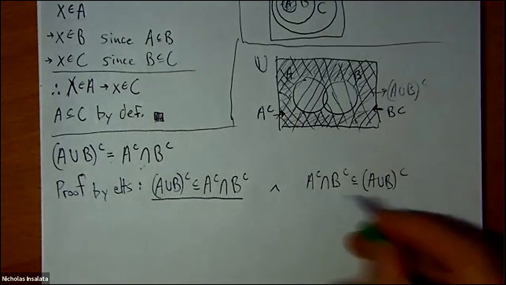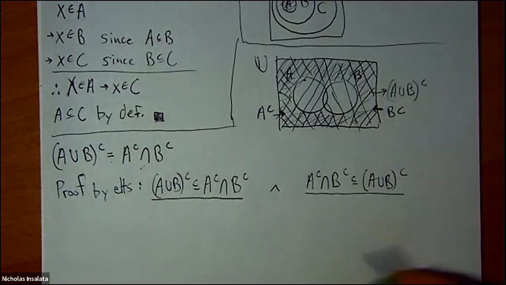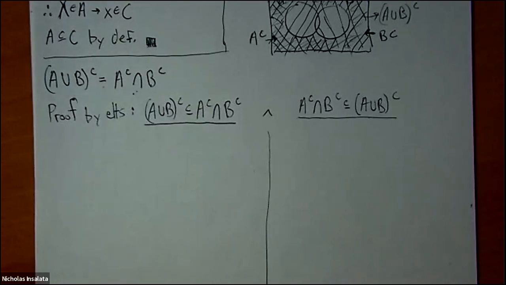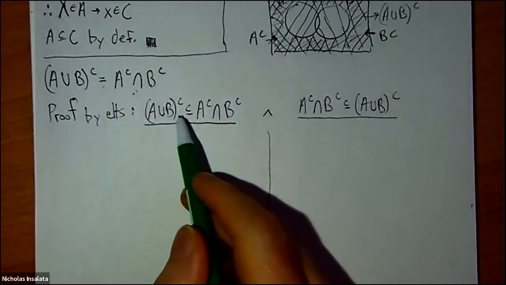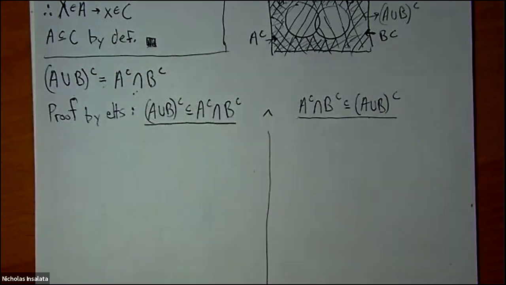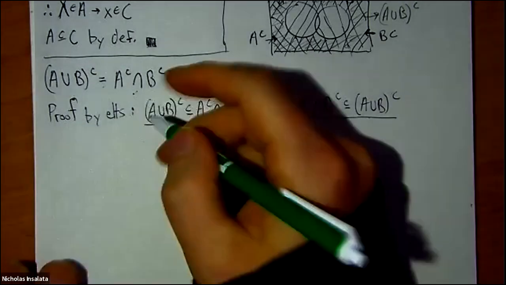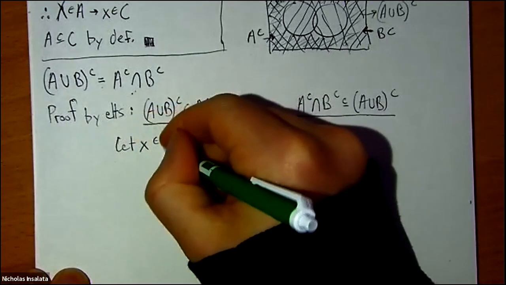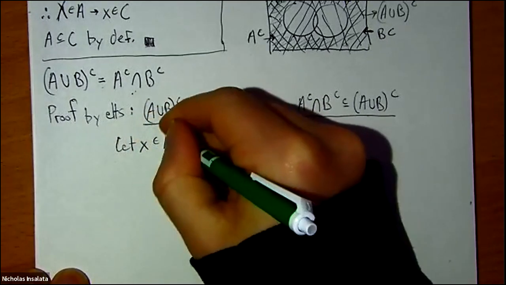So this is a two-part proof. For a proof by elements, we start out with an arbitrary particular element on the left-hand side of the containment and show that it must be inside the set on the right-hand side of the containment. So we're going to let x be an element of quantity A union B complement.